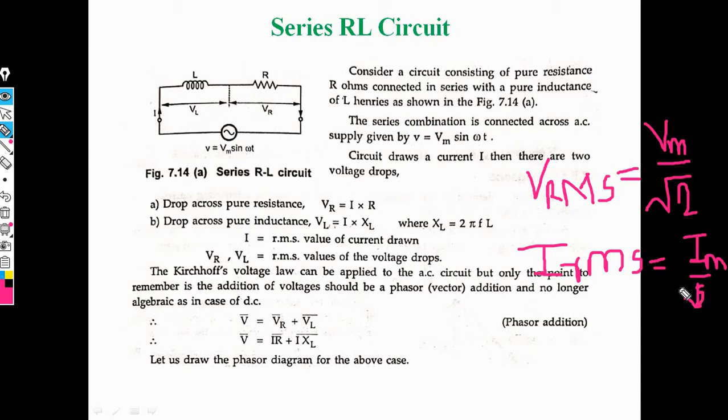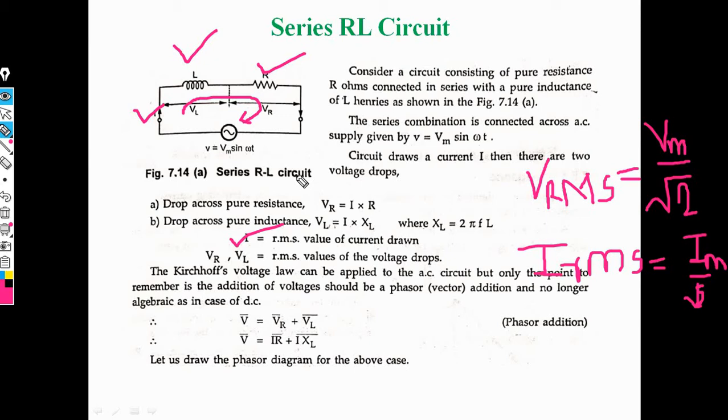These two values are very important in this circuit. I is the RMS value of the current flowing in the circuit, and VR and VL are the RMS values of the voltage drops across the resistance and the inductance. These are the important parameters: I, VR and VL.